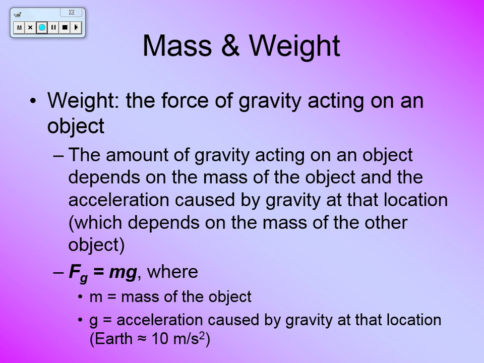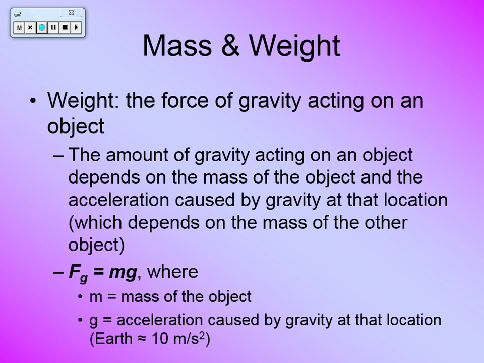So, the weight of an object depends on the mass of that object and how strongly gravity affects it at that location. If we go to the moon and calculate the weight of an object there, m doesn't change, but g would.